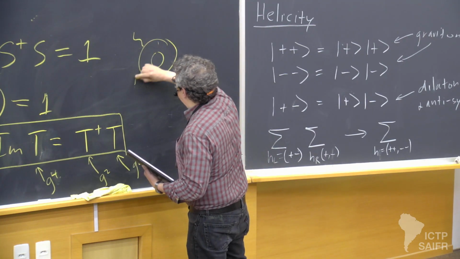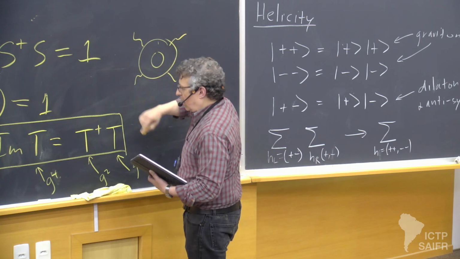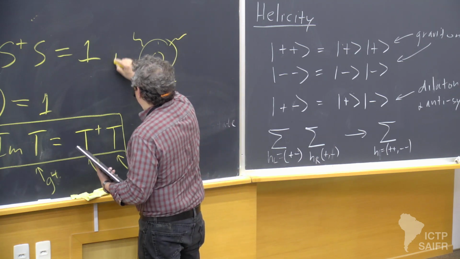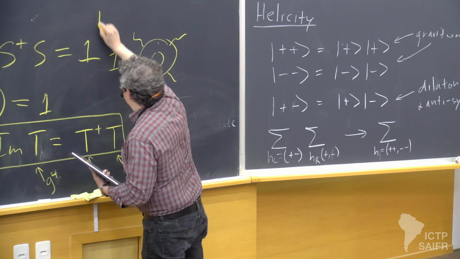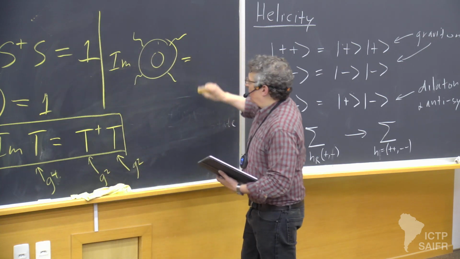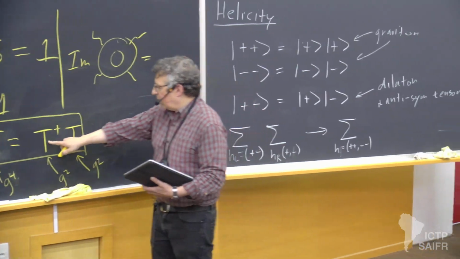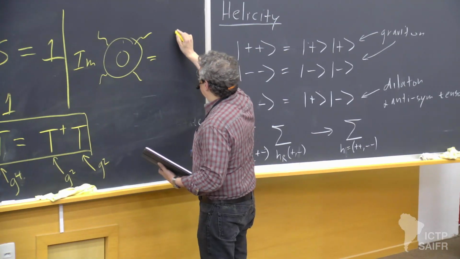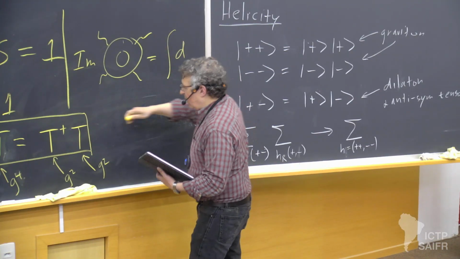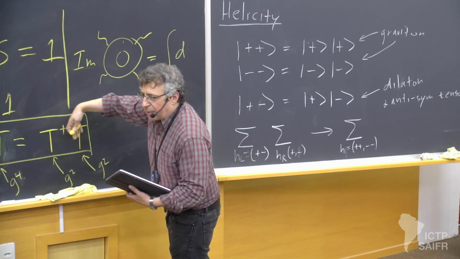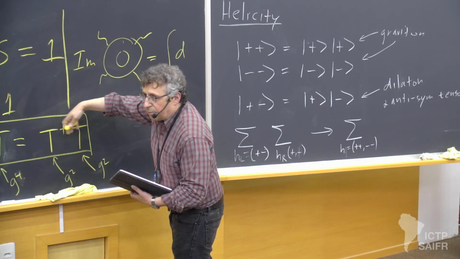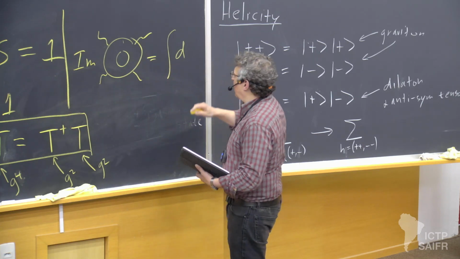So this is a statement that if I have a loop amplitude and I take the imaginary part of it, then, reading what this says, there's an implied matrix multiplication, so an implied sum over all the states.